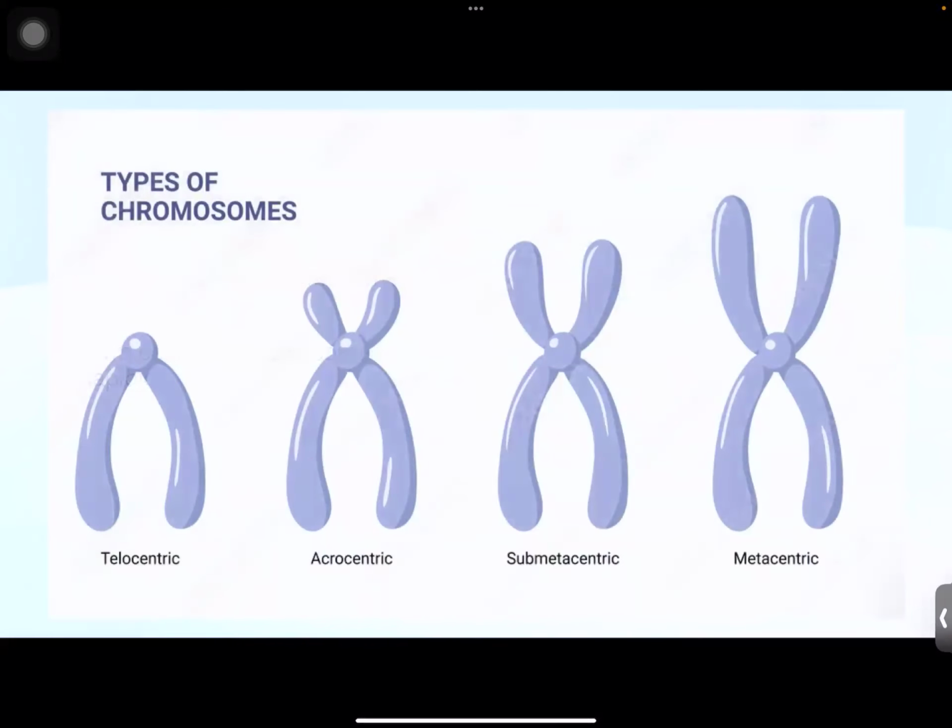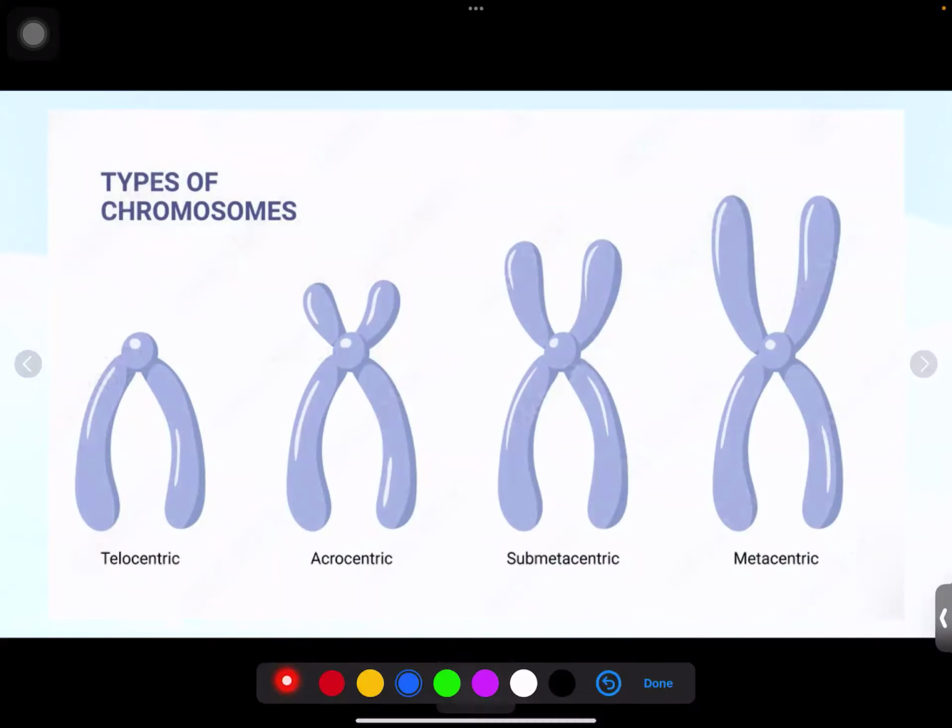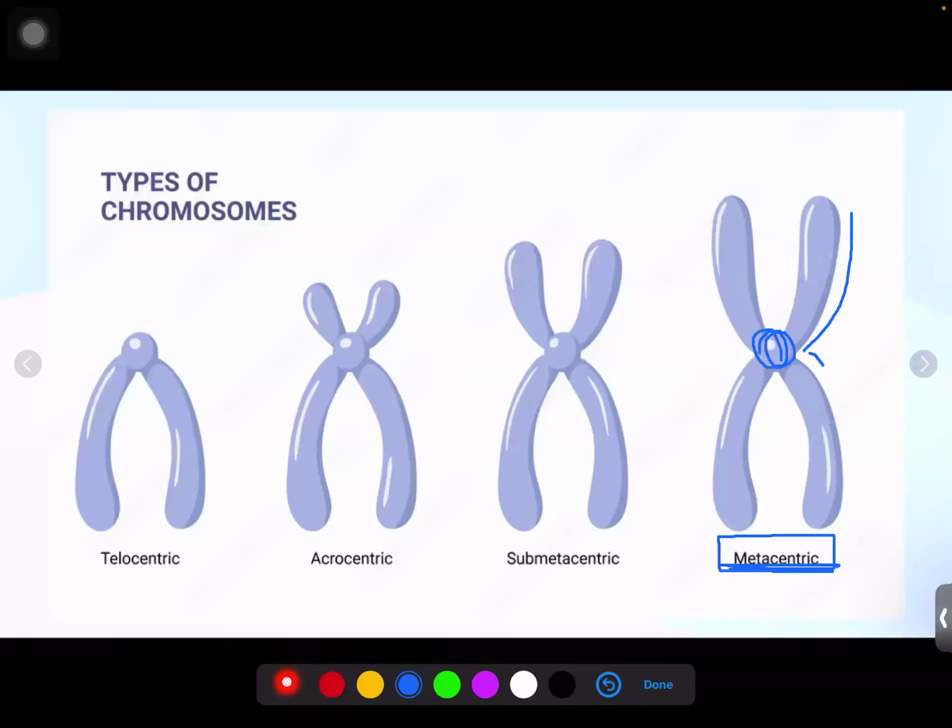Okay, so this is the basic structure of a chromosome. The chromosomes are divided into different types according to their structure. Coming to this chromosome, it is called a metacentric. What does it mean? It means that the centromere is at the center of the chromosome, and both the arms are equal in length.